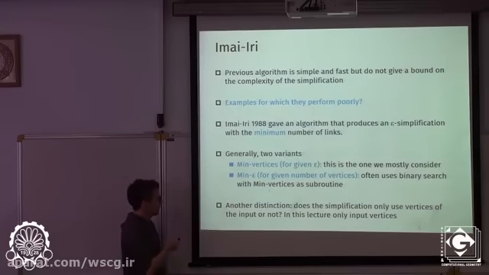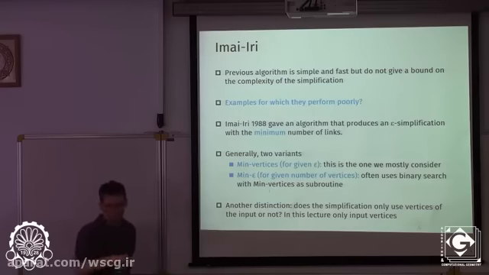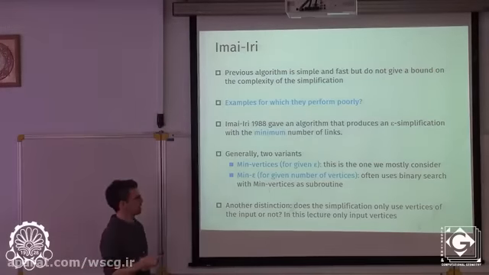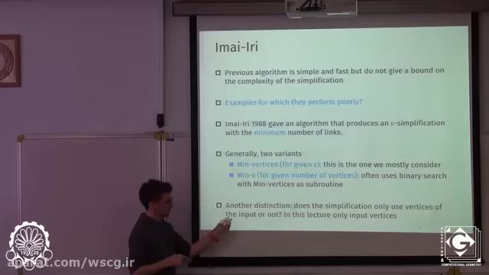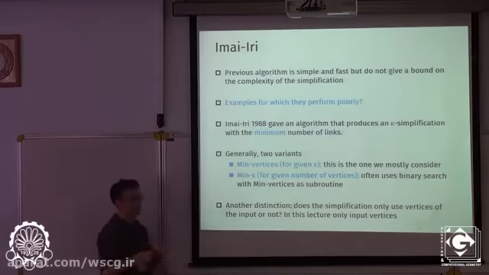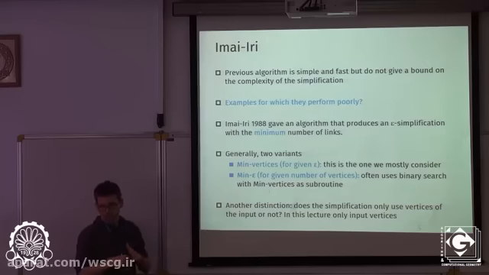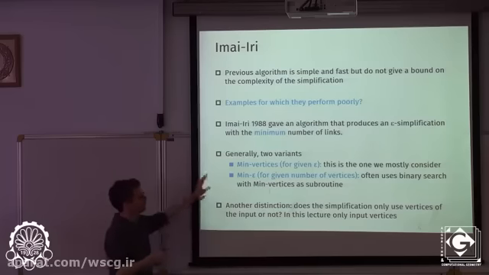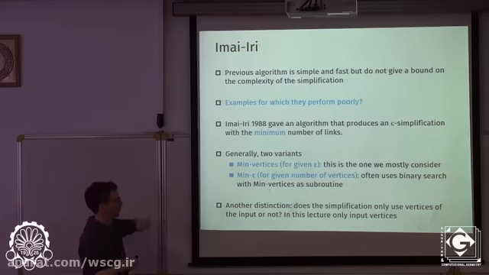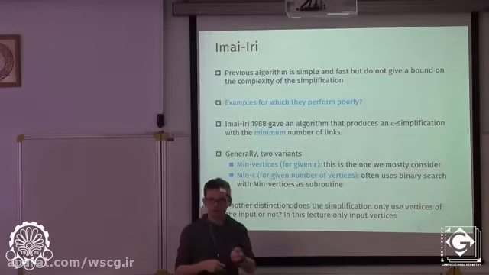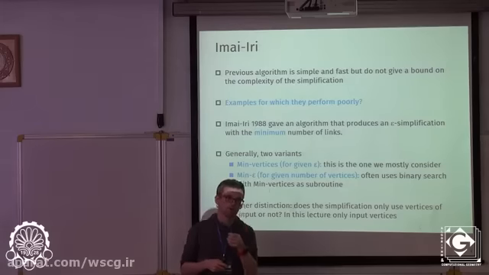So another important distinction in simplification, which I so far only mentioned implicitly, is whether you only use vertices of the input or not. So whether you're asking for any curve of a given complexity with a bound at most epsilon which is closed, or a curve which as vertices uses the vertices of the input.